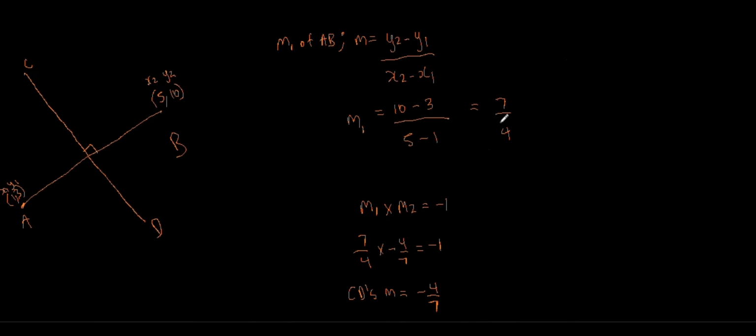So the midpoint of AB is given by x1 plus x2 all over 2, y1 plus y2 all over 2.